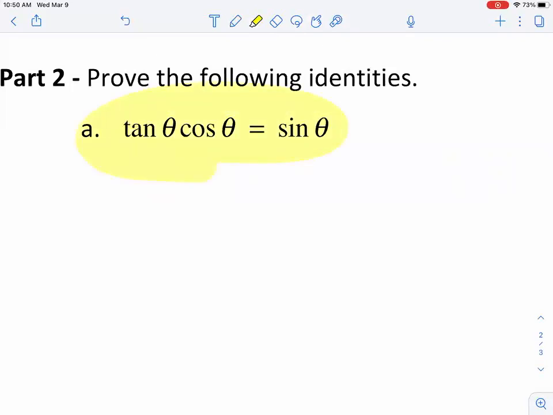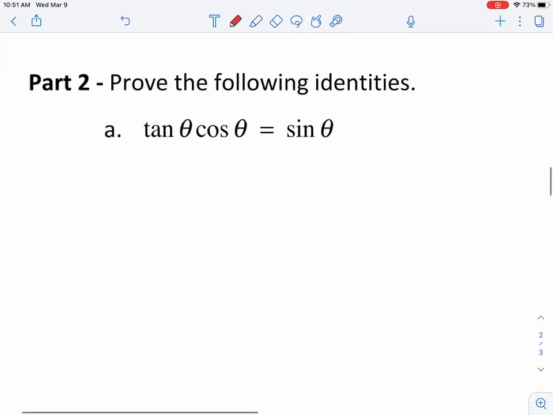Okay, the tangent of theta times cosine of theta does equal the sine of theta. We just have to show why it's true. So that's the nice thing about doing these proofs is they always work. You're given the answer. You're not going to get to the bottom and it says, haha, doesn't work out. It will always work out, but we have to show the work.